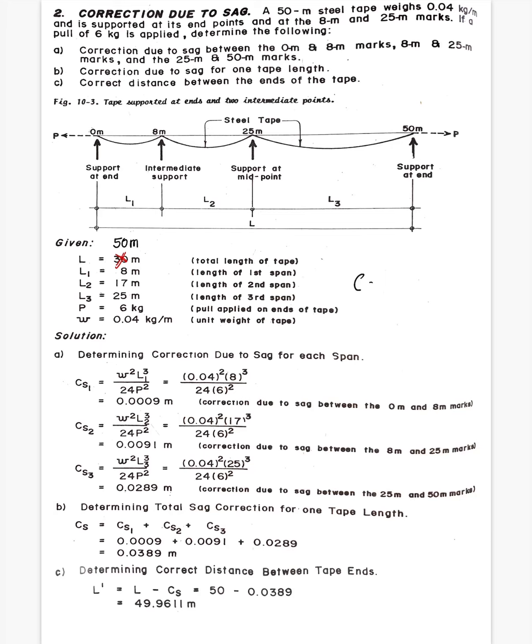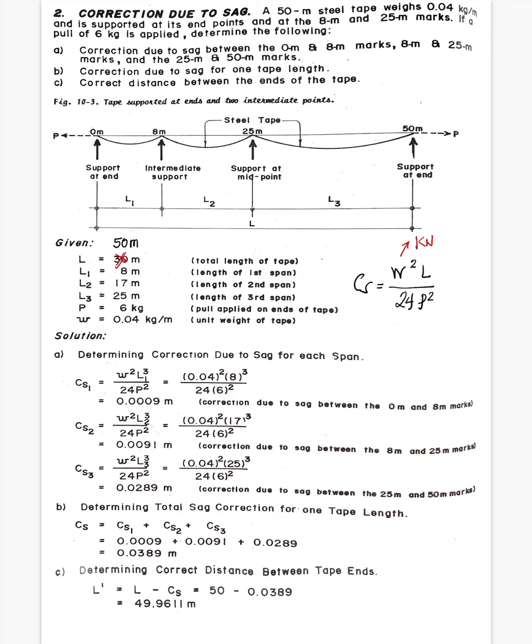Or sometimes the formula is written CS is equal to big W squared times L over 24 P squared, if the given in the problem is in kilonewton.